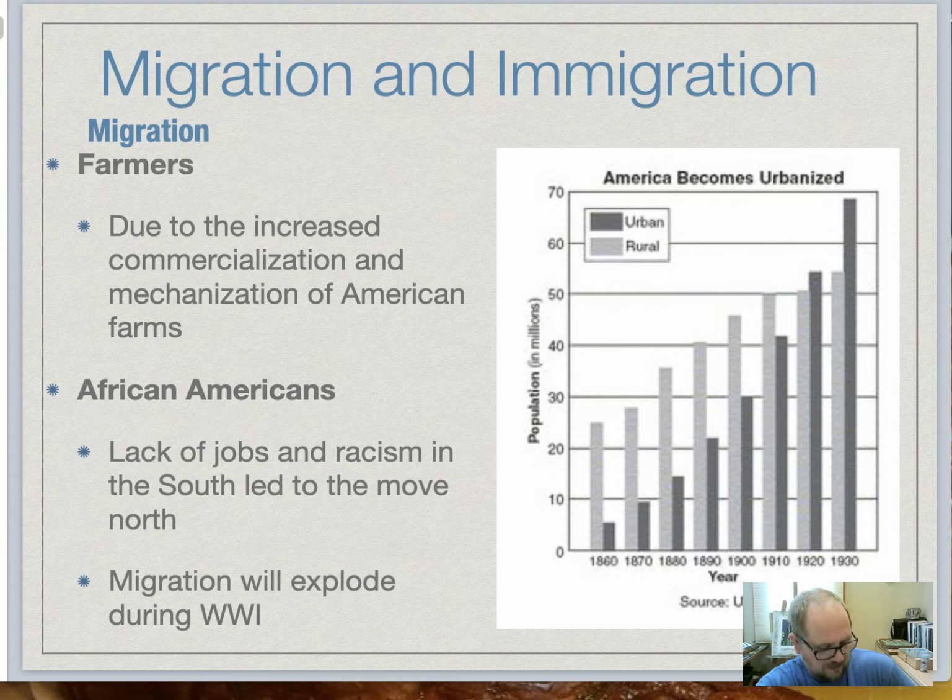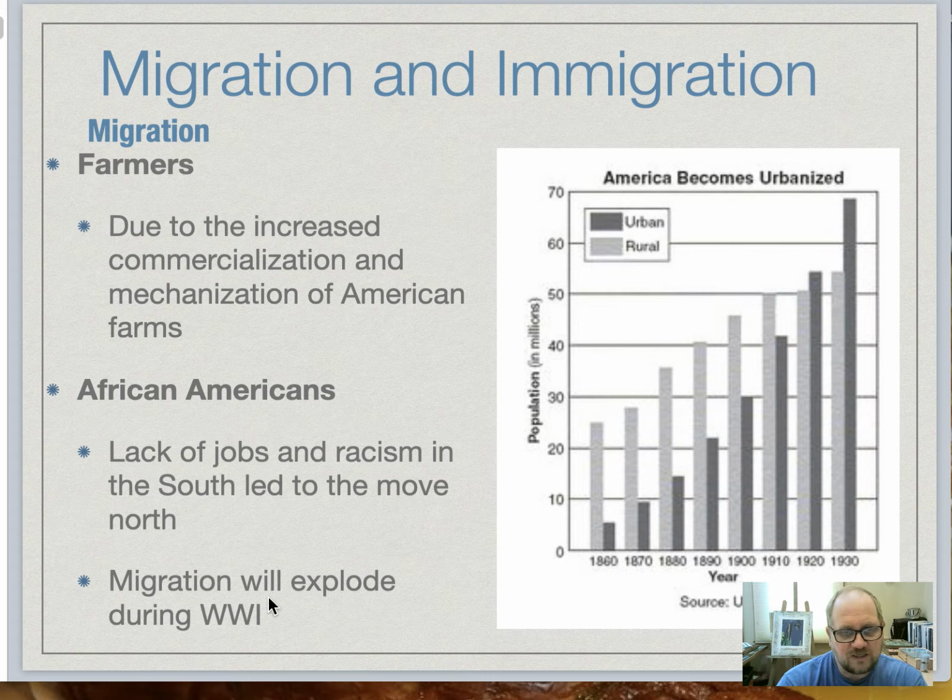We also see the huge push of African Americans starting to move from the South up to the northern East Coast or the Midwest. So we see this big push mainly because of more job availability, but also because of the massive Jim Crow legislation that had been passed to make it almost unbearable for these people to live in the South freely. So we see them flocking to the north for those two major reasons.